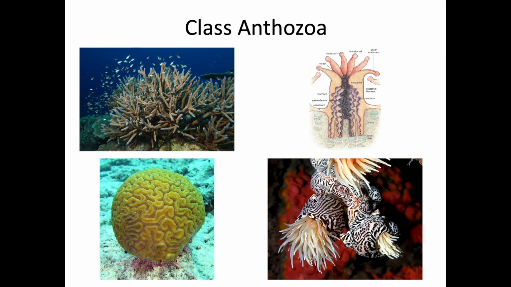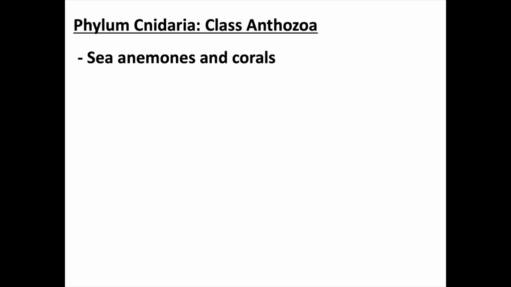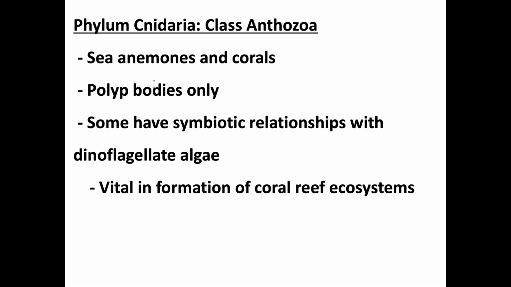Anthozoa includes sea anemones and corals of many different types. So Anthozoa means sea anemones and corals. They only have polyp bodies. There are no medusa corals or medusa sea anemones. Some of these have important symbiotic relationships with dinoflagellate algae. Hey, callback.